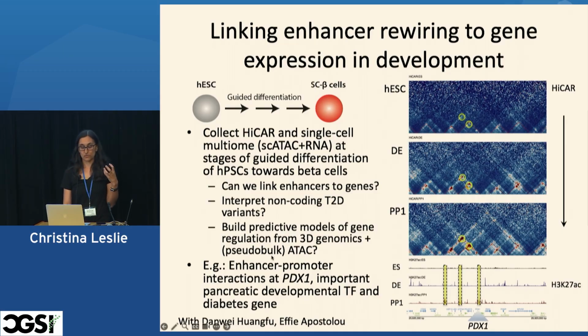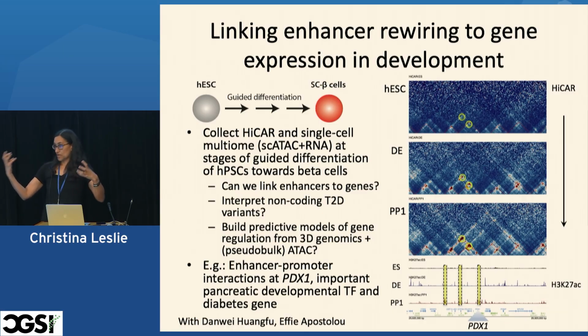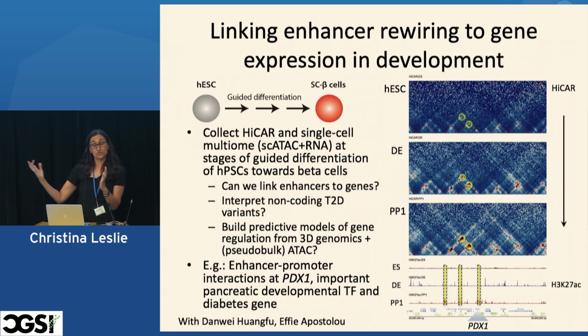Okay, so Danwei can take human ES cells and differentiate them in a multi-step protocol and eventually get these beta cells that secrete insulin. This is what's being used in replacement therapy for type 1 diabetes patients in clinical trials.